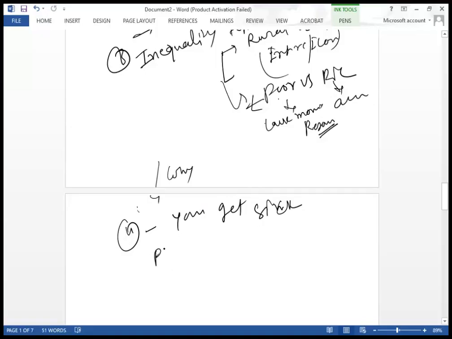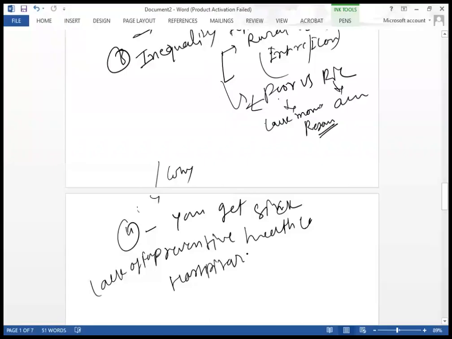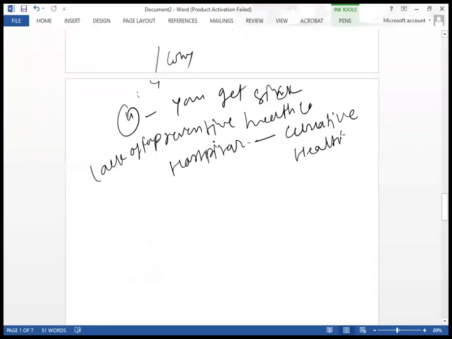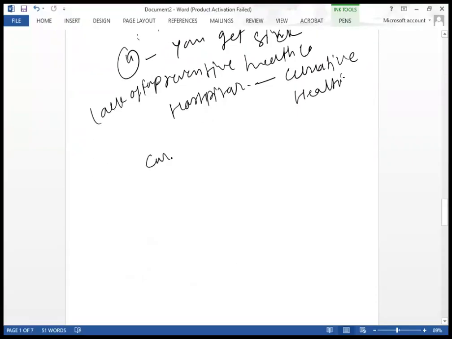So this leads to the lack of focus on preventive healthcare. Most hospitals come under curative healthcare, meaning they cure after you get sick. But prevention comes before you get sick.